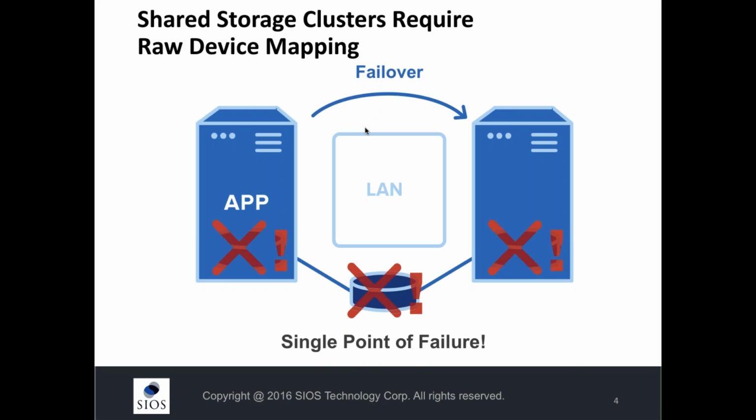Sure, SANs have redundant disks and controllers and things like that, but you'd be surprised how often I'm talking to folks and they'll describe a situation where the SAN went down, or they had a SAN level outage and it took out an entire cluster. So the whole idea behind a cluster and high availability in general is to eliminate as many potential single points of failure as possible. That's why you've got redundant servers, you've got redundant storage, you want redundant network, all of that, so that there is no single point of failure.